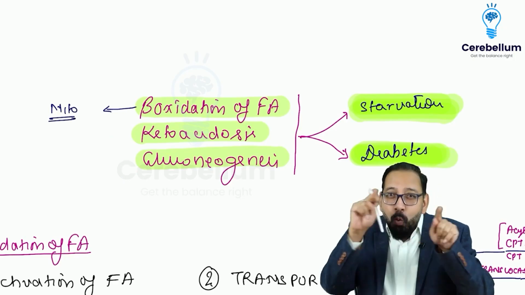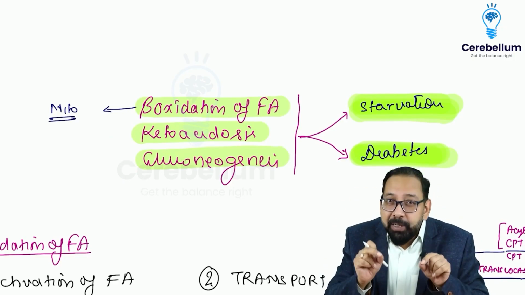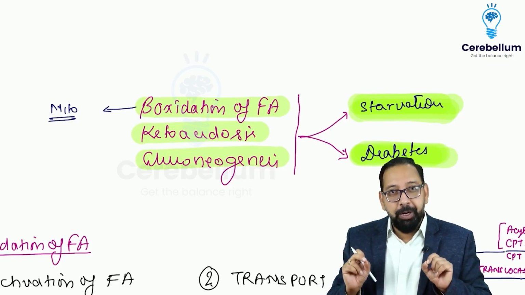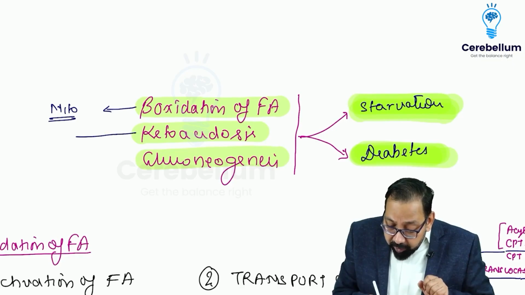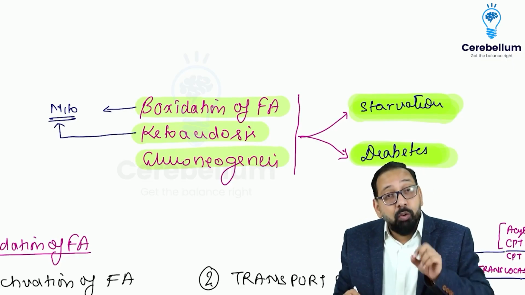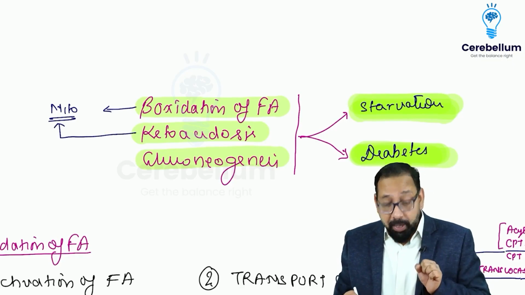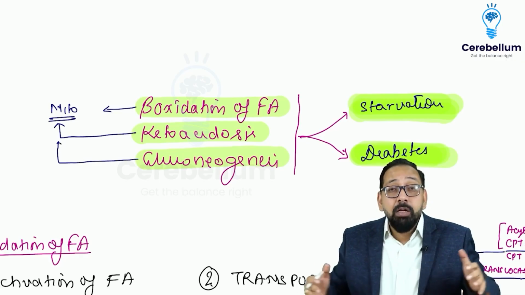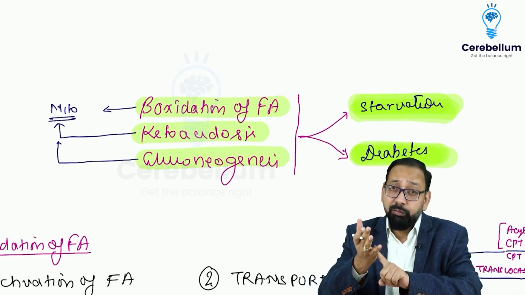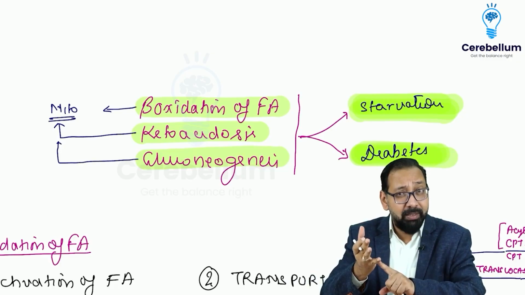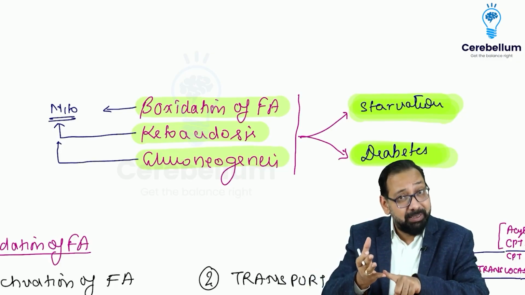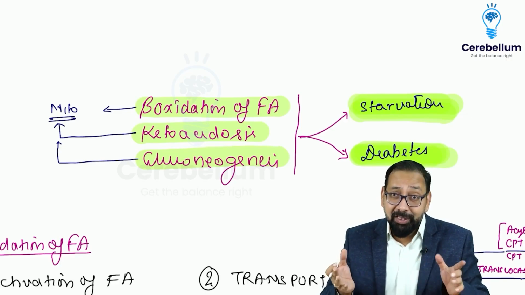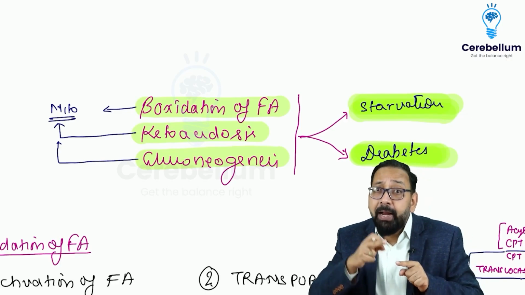Oxidation looks like mitochondria. Ketone body synthesis also occurs in mitochondria, and we have learned this by mnemonic also: HUG PYARI, H for heme synthesis, U for urea cycle, G for gluconeogenesis, PYARI for pyrimidine synthesis, which occur both in mitochondria and cytosol.